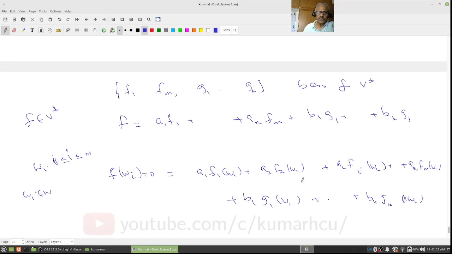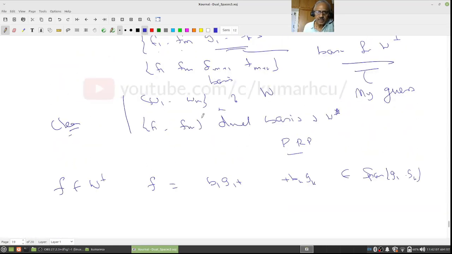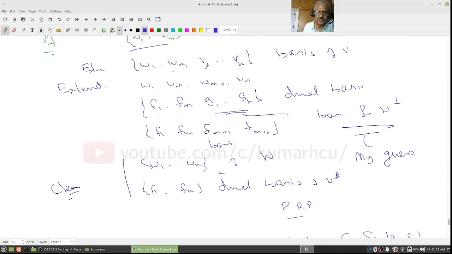Right? Now notice that F1, F2, Fm is a dual basis. Therefore what do I know about G1 acting on Wi? That will be 0. If you want to think of it, Wm plus 1 onwards corresponds to Fm plus 1 onwards. If I take any F from here, then its action on W1 to Wm must be 0 because it's a dual basis.